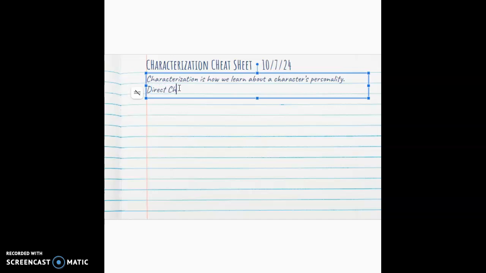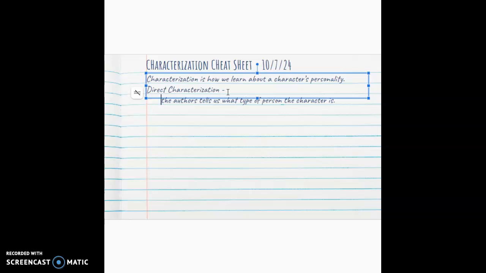There's direct characterization, right? This is when the author tells us what type of person the character is. Okay? This is literally, it's in the name, folks.